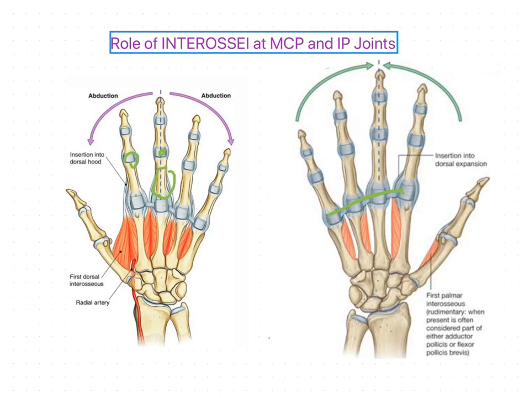Now we will see the role of the interossei at the MCP joint in MCP extension. This picture shows MCP extension at this level. So all the MCP joints are extended here.